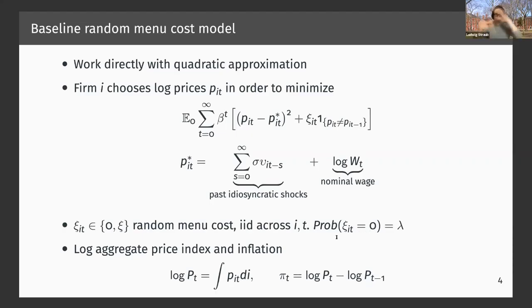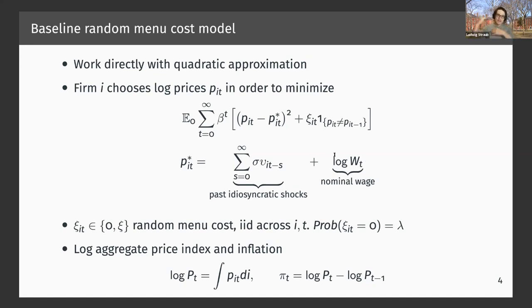Once all these firms choose their optimal prices, at the end of the day, we can aggregate up all these price choices and get the price index P_t in every period, and also get inflation as just the change in log P_t. So if you look at this from a helicopter perspective, all that's going on here is that we feed in a path for these nominal wages.